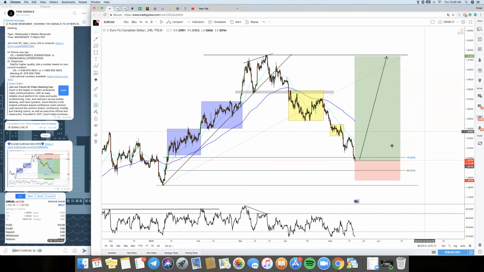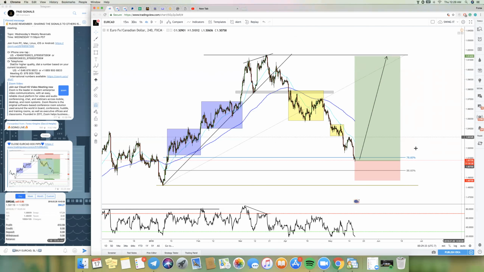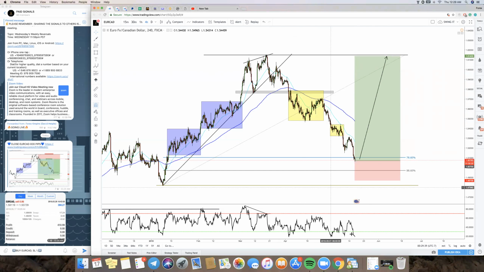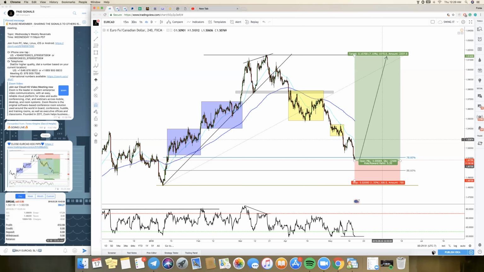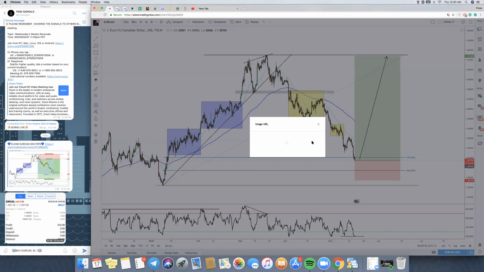Most likely the price might reject from the 78.6 or the 88.6. We'll see how it plays out, but 78.6 looks reasonable because the divergence has to play out in order for the trade to be valid. So all we're going to do is wait and see. But the trade itself is good.